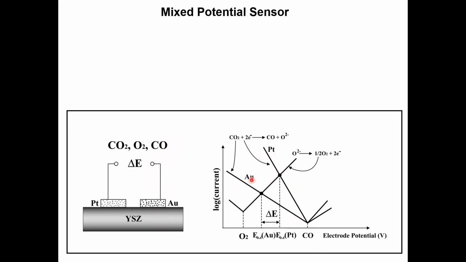It creates these different slopes. So you can measure the delta E, which is this mixed potential, and the mixed potential is taken where the current from the reduction reaction and the oxidation reaction are equal. On the gold electrode, it's right there, and on the platinum it's right there.